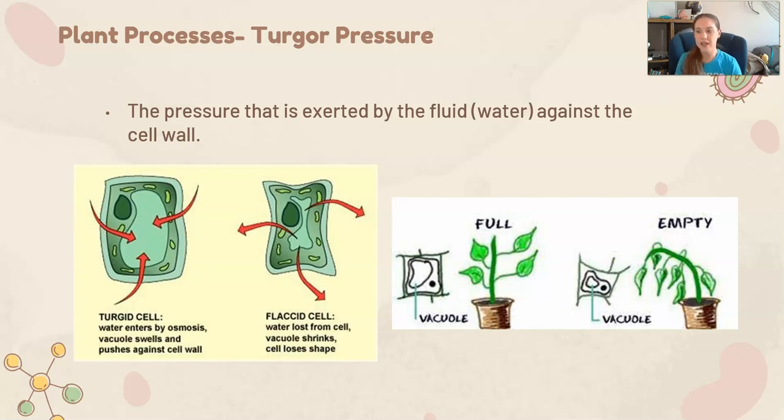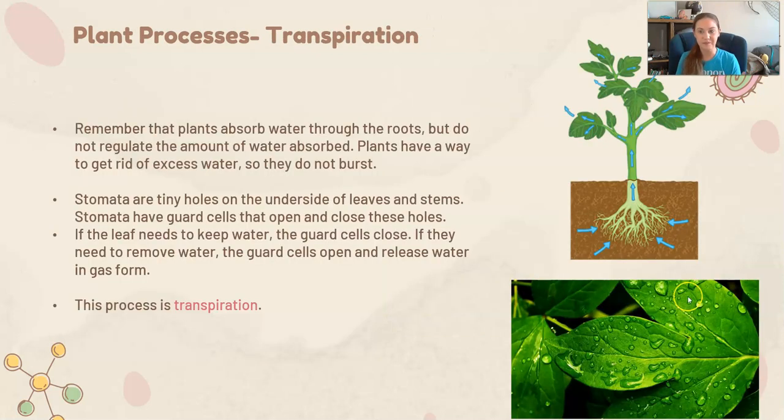Now you might be thinking, what happens when the plant has too much water? Could the vacuole explode? And the answer is, it could. Plants have to have a way to get rid of the extra water in their cells. So when plants are absorbing water through their roots, there's not a shutoff system. There's no valve that they can use to stop their roots from taking in more water.